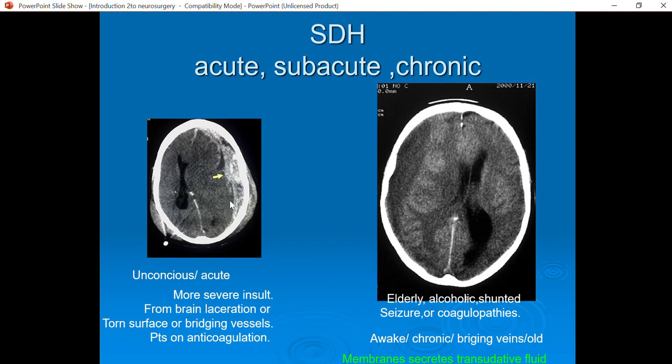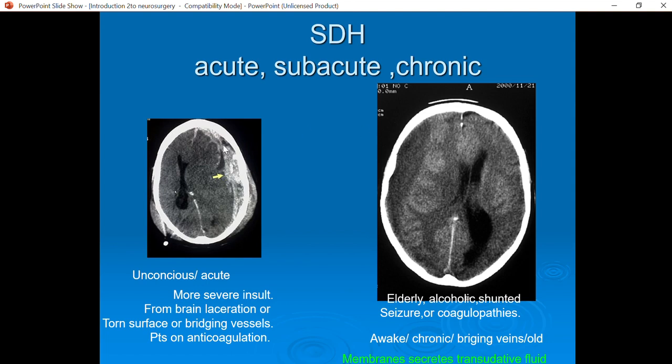This is seen in car accidents and for any trauma, usually in young persons, while the chronic subdural hematoma is seen in elderly, alcoholics, and shunted persons. And this is because the brain is shrunken. The source of bleeding in chronic subdural hematoma is usually due to a breach in the bridging veins.